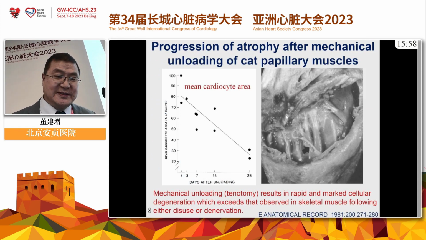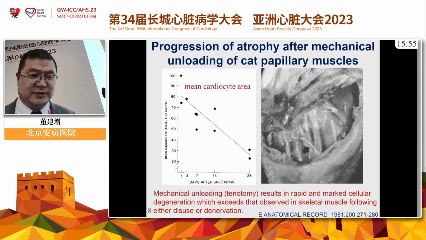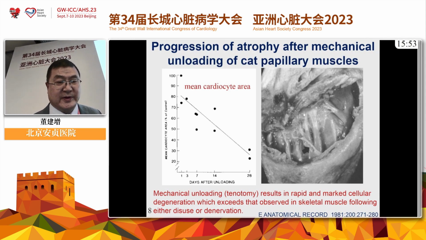This is a very good study. Using a cat, we can see the tendon with the papillary muscle gets free during each beat. This muscle is without afterload. Thirty days later, the muscle cells get smaller and smaller, like skeletal muscle atrophy.